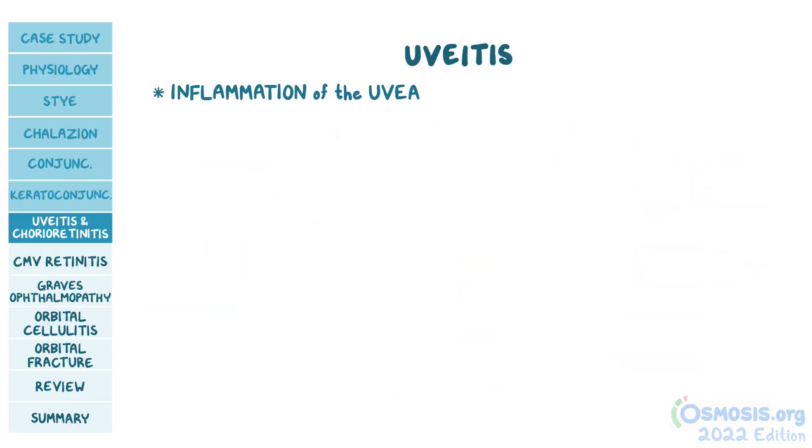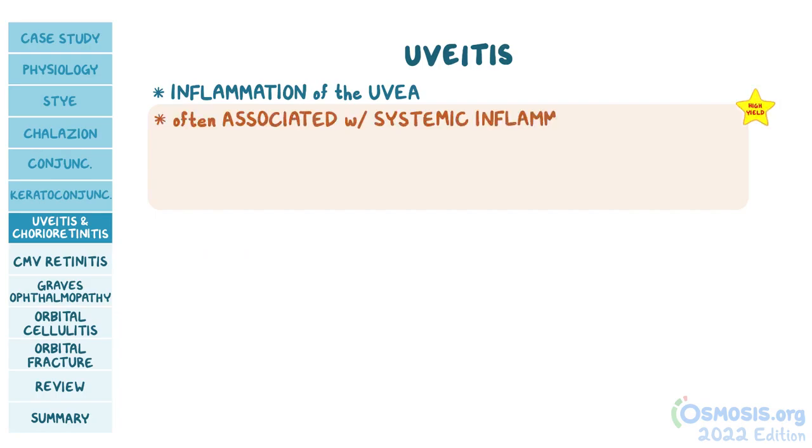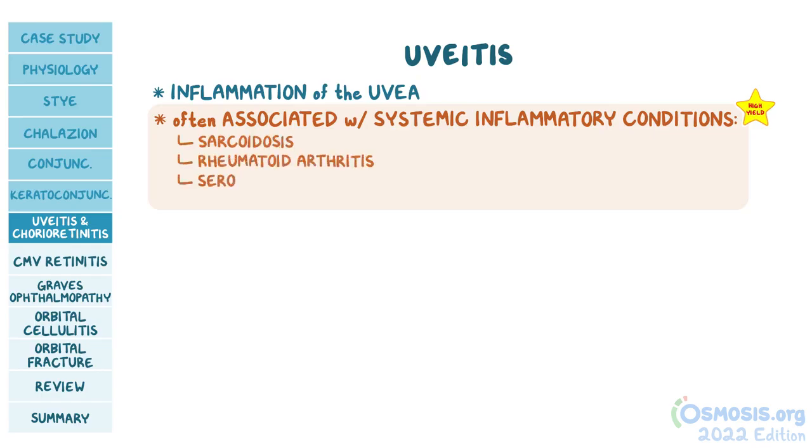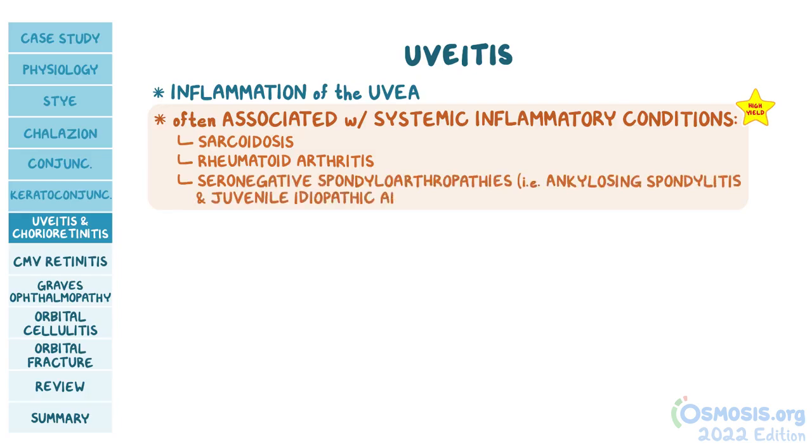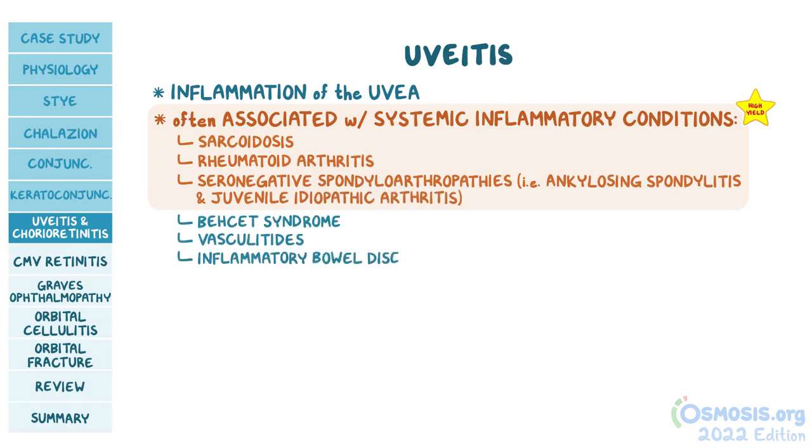Now, examiners love uveitis because it's often associated with systemic inflammatory conditions, such as sarcoidosis, rheumatoid arthritis, seronegative spondylarthropathy like ankylosing spondylitis and juvenile idiopathic arthritis, Behçet syndrome, vasculitides, and inflammatory bowel disease, especially Crohn's disease.